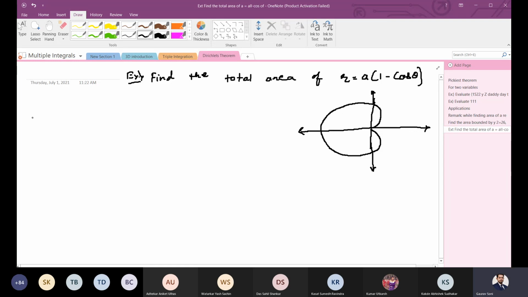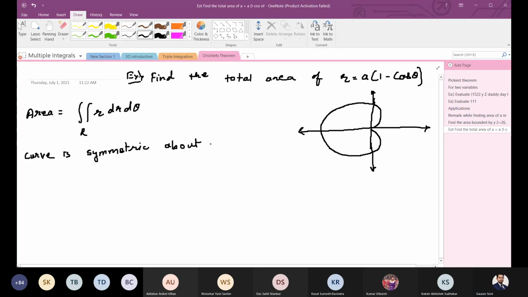In polar form, the area is given by double integral over r dr d theta. Now in this, the curve is symmetric about x-axis.